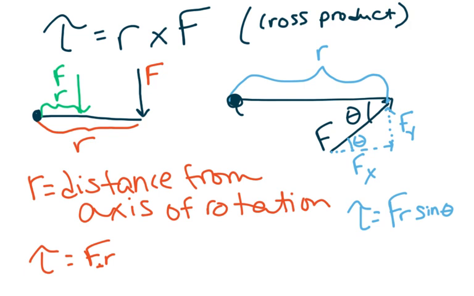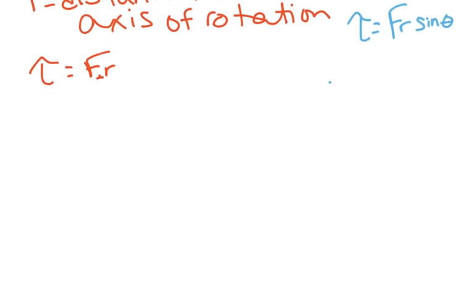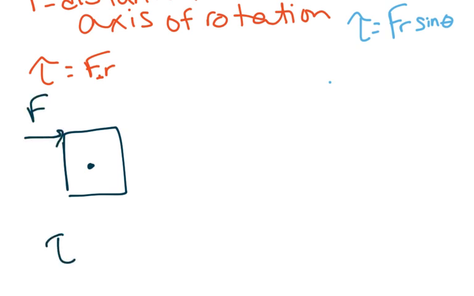So be careful with the orientation. The other thing I wanted to add is that torque equals force times the radius works regardless of what your shape is. If I'm applying a force here, the torque is equal to the force times the radius, but now the radius becomes that little piece. For this example, you would have to use some trig to figure out that radius, depending on what else you knew about the problem.